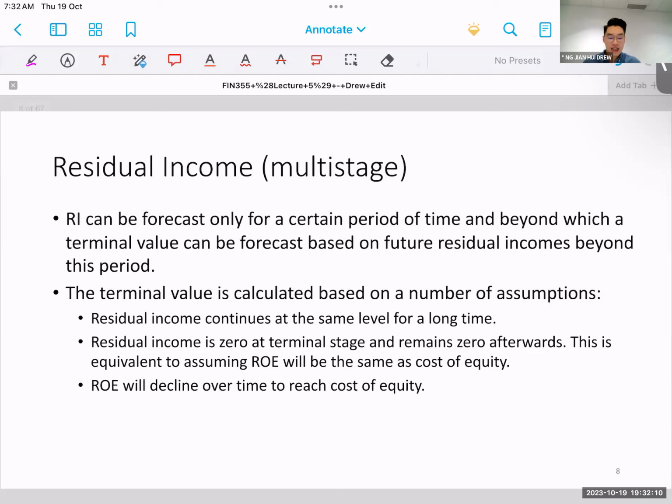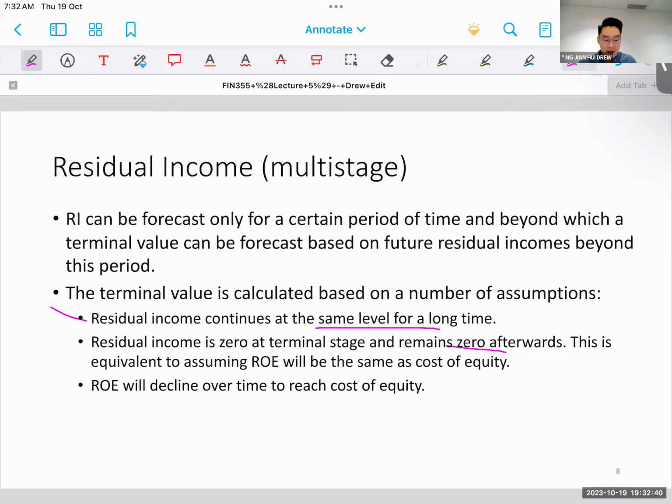In a multi-stage, there are a couple of assumptions here, which are very similar to your assumptions used for your FCFE or FCFF or even DDM multi-stage, right? So the residual income will continue at the same level, meaning a constant growth. That means a growing perpetuity in the long term. Residual income is zero at terminal and remains zero afterwards.